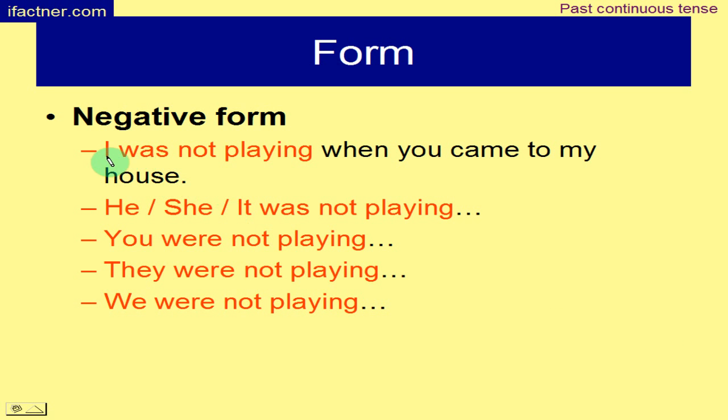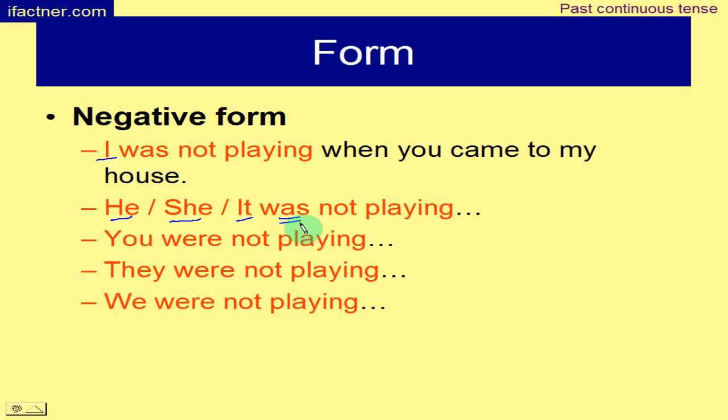So we have got different pronouns: I, he, she, it, you, they, we. So I have got the first example as I was not playing when you came to my house. He was not playing. She was not playing.